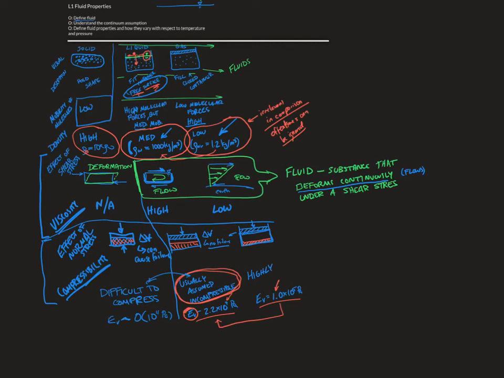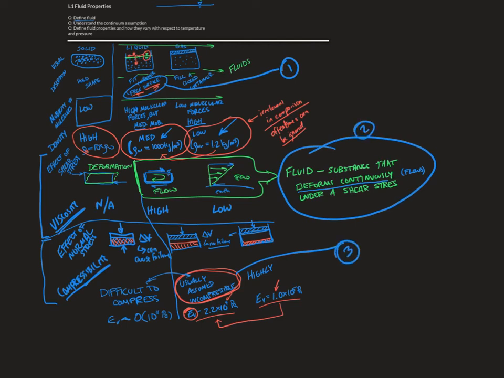But what's most important for you to get out of this so far is the definition of a fluid, the free surface, and that we assume this to be incompressible. So this will be 1, 2, 3, and then just generally that liquids and gases are what we're thinking about here. So you should have a general idea of all of this.